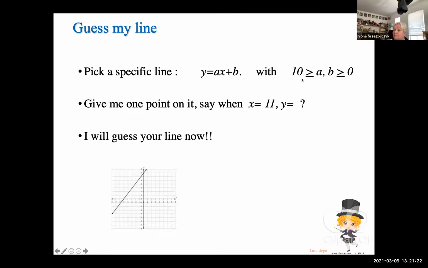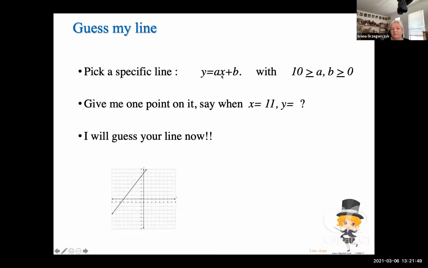Yeah, but be careful, because first of all, I said a and b have to be positive. That's a big thing, because it means I can use what we were talking about. You give me the number that you calculated, evaluated at 11.